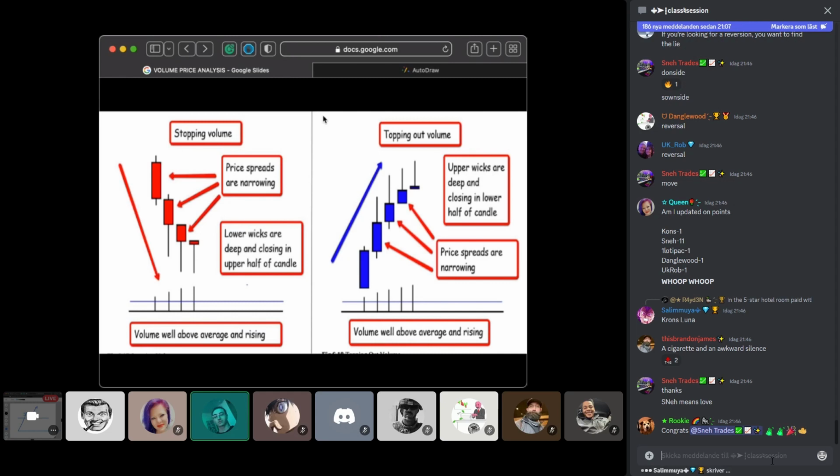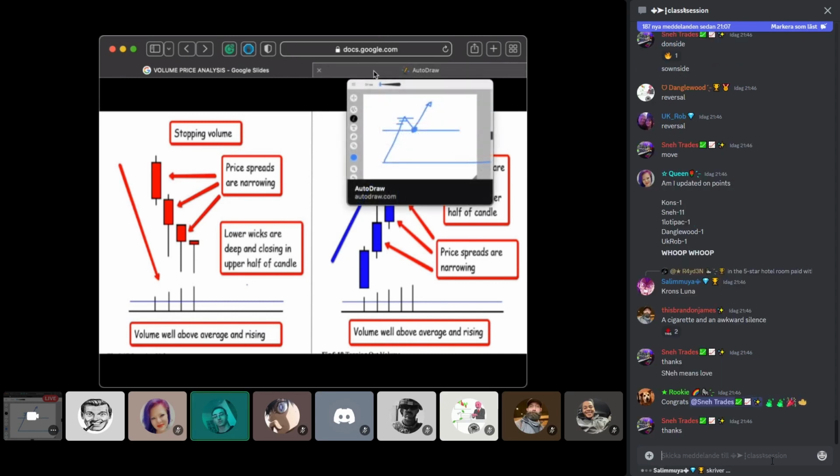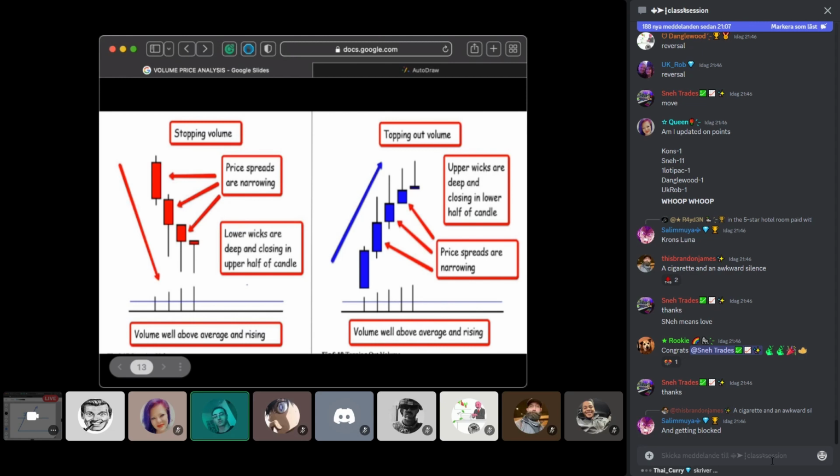So, I do want to say, all volume is relative. You can have one stock that is super liquid, and you should be playing liquid stocks at least around 2,000 volume per candlestick.